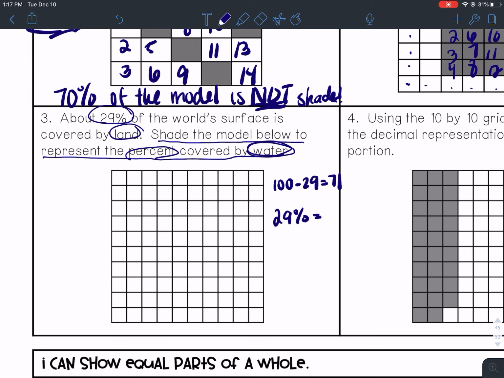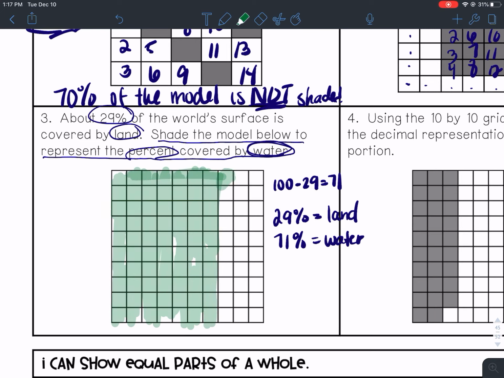29% is land. And 71% is water. So I'm going to shade my 71%. So this is 10, 20, 30, 40, 50, 60, 71.